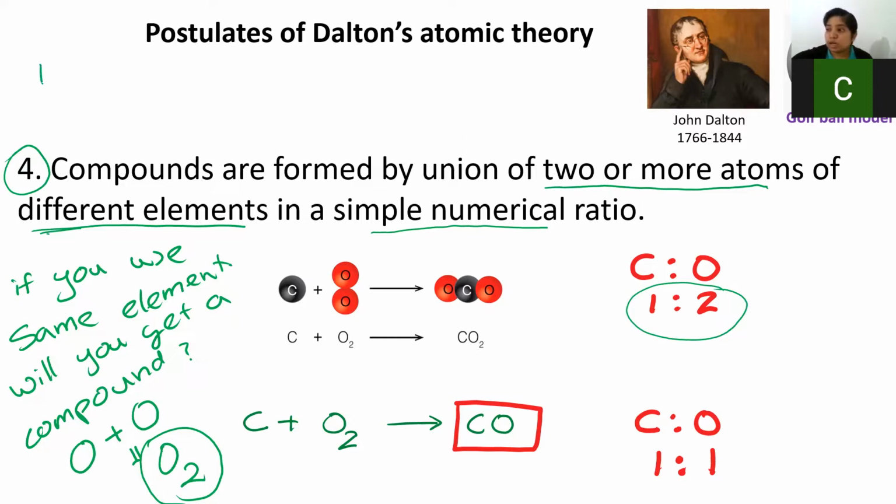I have worked with a compound whose formula is written like this. So sometimes we can end up with very complicated numerical ratios. So even this postulate has gone wrong by now. But back then, these were huge discoveries.